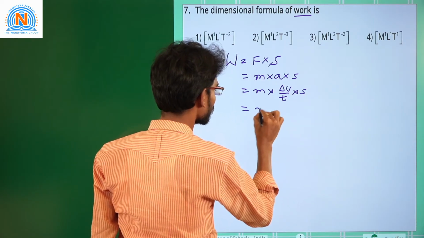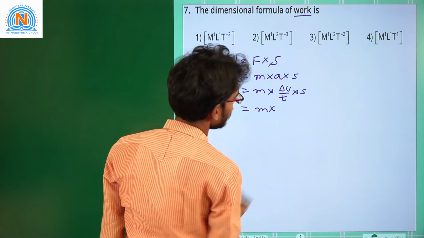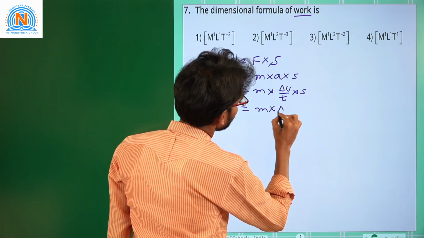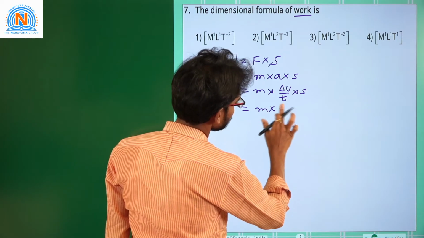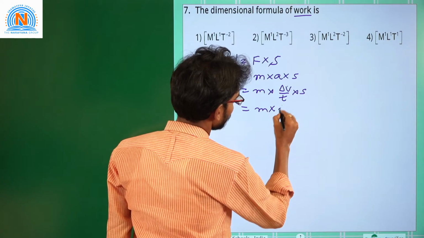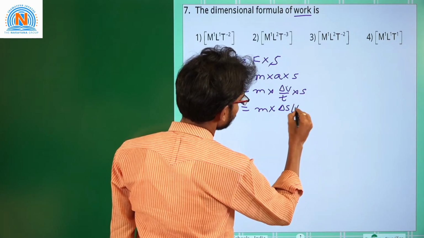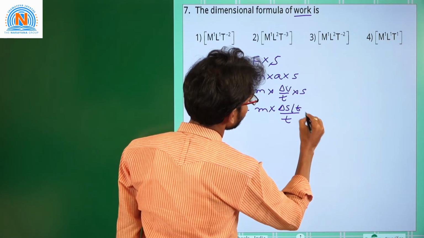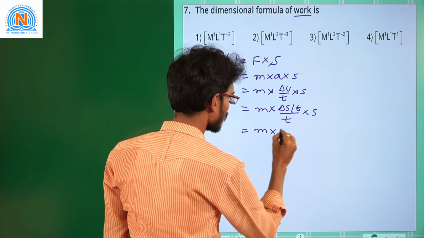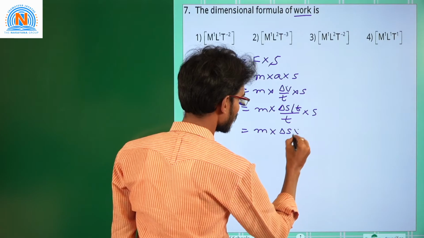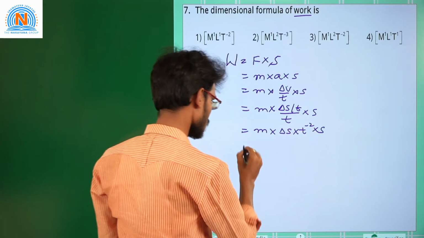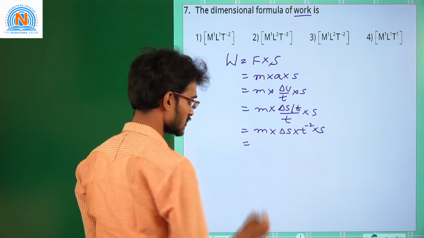That is equal to m into change in velocity, again written in terms of displacement, that is change in displacement by time taken, by time, into s. That implies m into change in displacement into time power minus 2 into s. Now write the dimensions.